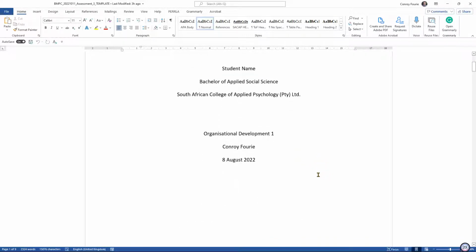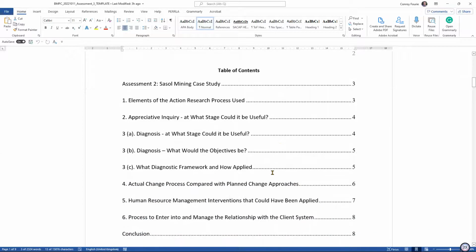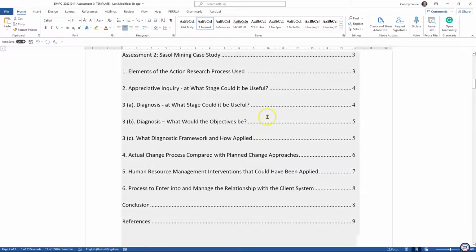So that's the covering page. This should be 14 November, okay, so better change that. And then the table of contents, and you would by now hopefully know how to update it.